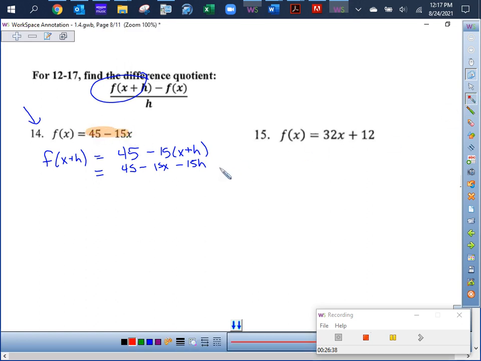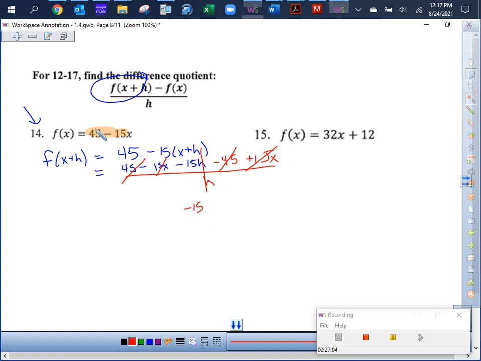Since we're taking it away, got to change both signs. 15x over h. Goodbye, goodbye, goodbye, goodbye. H's cancel. Negative 15 is the difference quotient. It's weird, right?